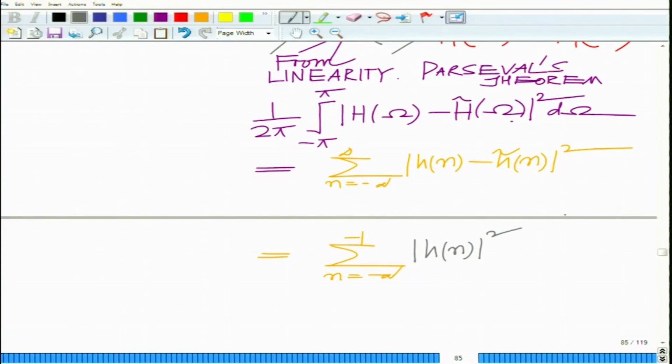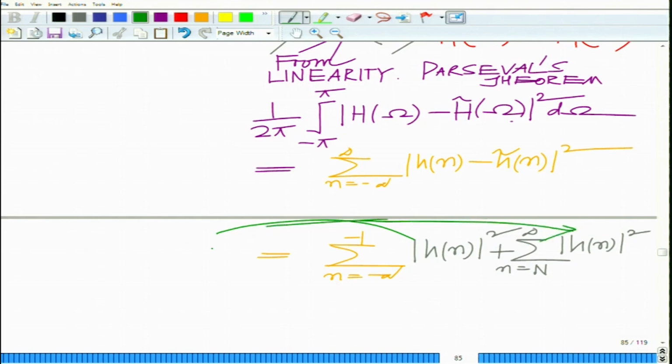h of n squared, plus the summation n equal to capital N to infinity. Again in this range h tilde n is 0, so this reduces to simply magnitude h n squared.